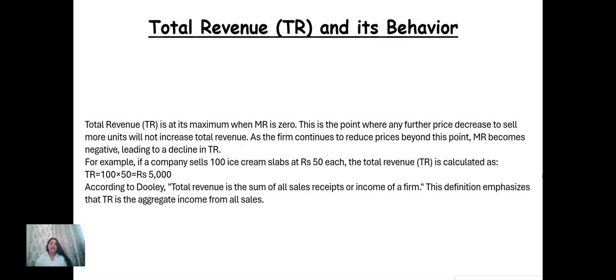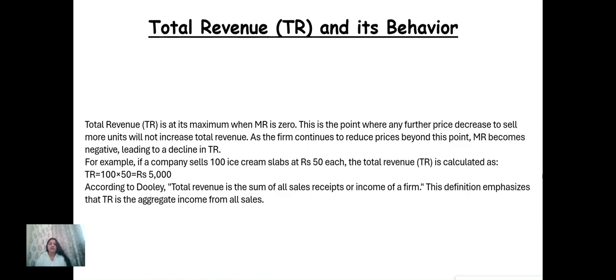Here it means that MR is 0 when TR is maximum. This is a major focus point when we have to understand total revenue. Price decrease to sell more units will not increase total revenue. MR becomes negative and TR declines.